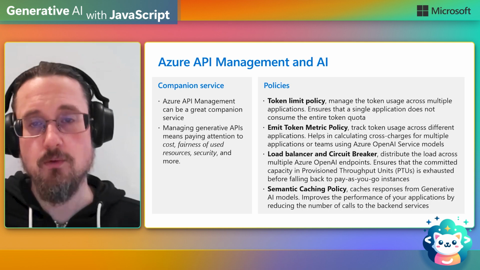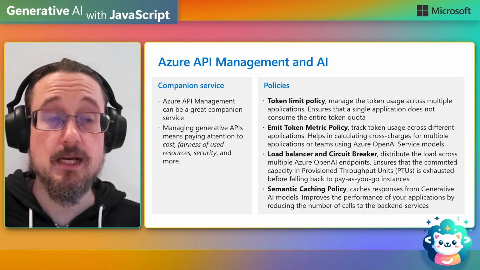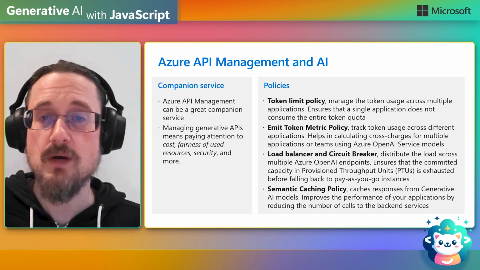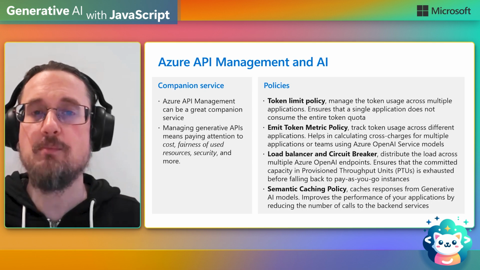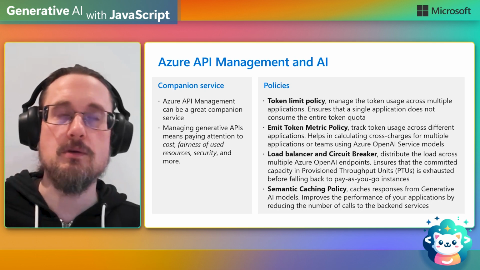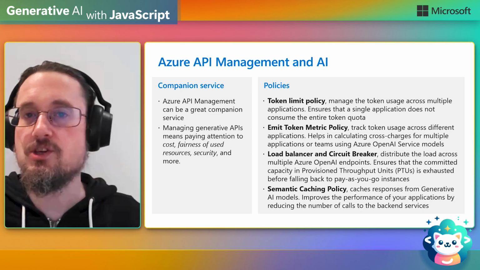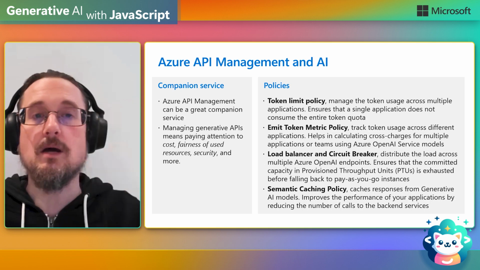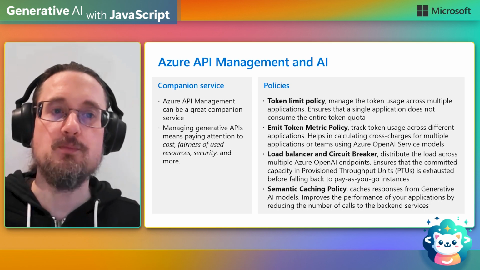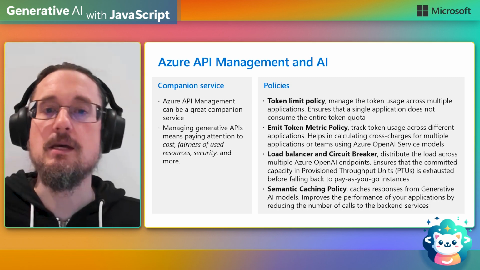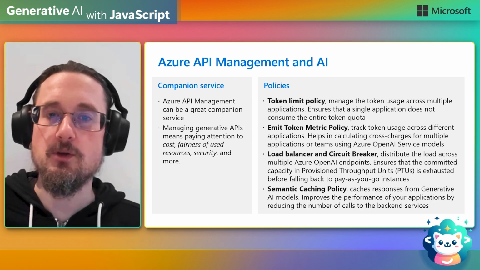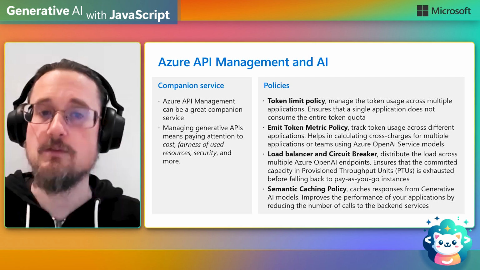What's good to know though is the context in which Azure API Management shines really well, and that context is AI. So it's a great companion service. Imagine now that you have provisioned Azure OpenAI. Our best recommendation here is that you put Azure API Management in front of that. And why is that? Well, it comes loaded with a lot of policies that will make life easier for you.